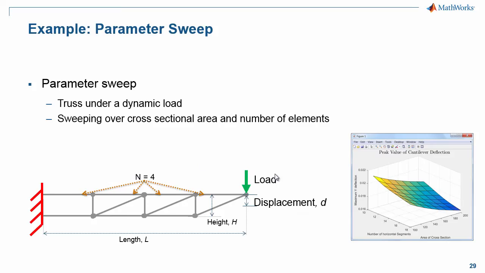So I'm going to do a parameter sweep study of a truss under a dynamic load. What would happen if somebody jumped onto this as if it was a diving board and dived off? How much would that tip displace? We're going to be sweeping over the cross-sectional area of the members in this truss and the number of elements in the top chord.